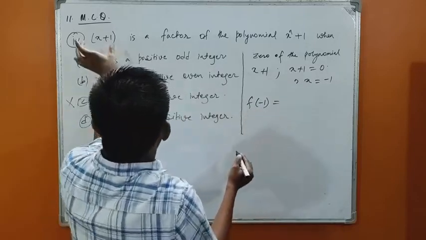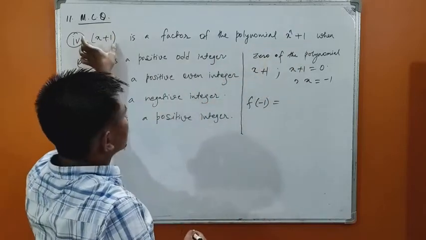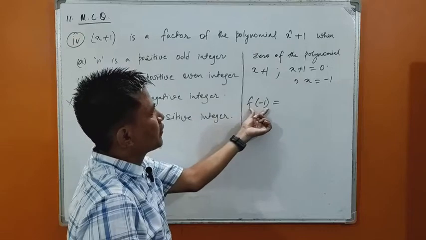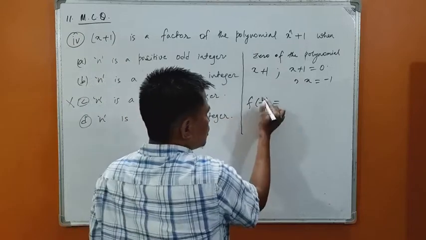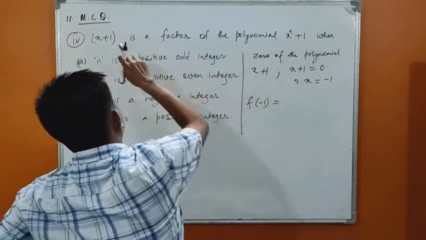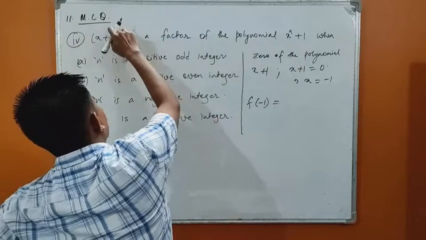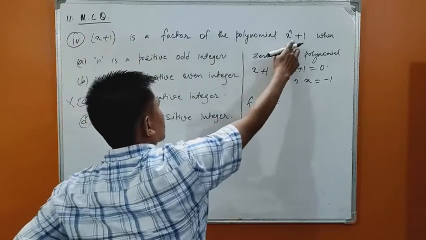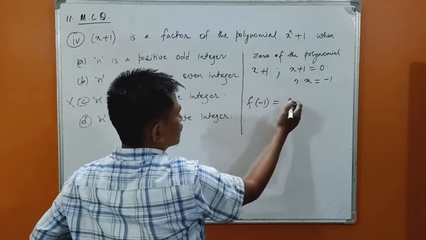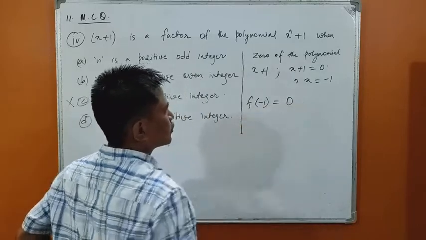So when x to the power n plus 1 is divided by x plus 1, the remainder comes f(minus 1). And for x plus 1 to be a factor of this expression, the remainder f(minus 1) should be equal to 0.